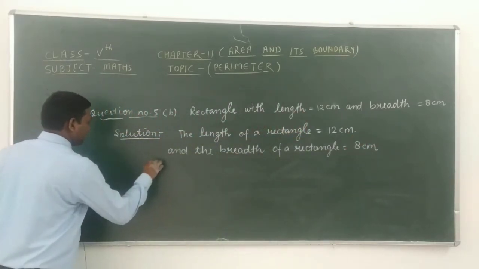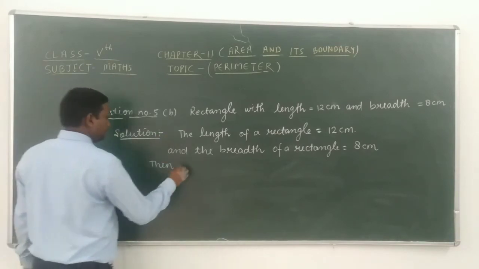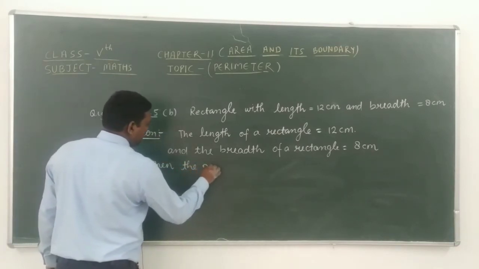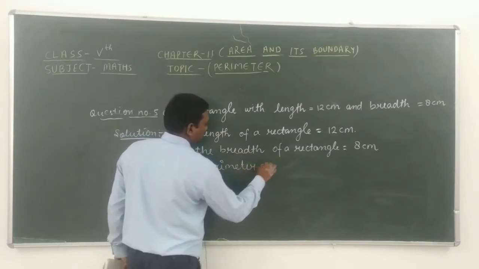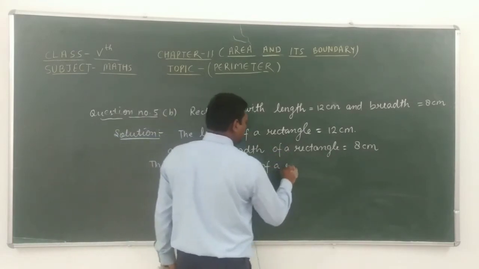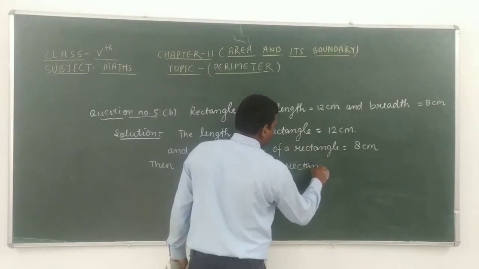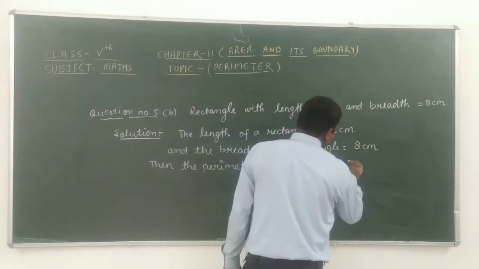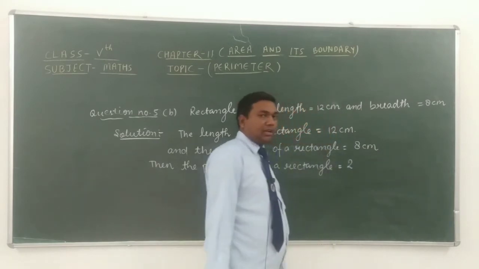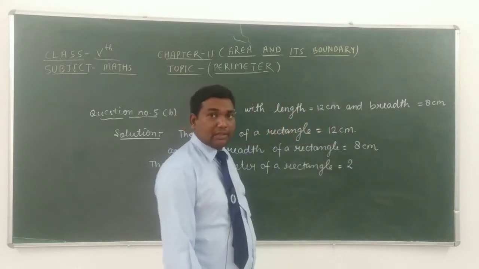Then the perimeter of a rectangle is equal to, dear students, we know that the formula of perimeter is equal to 2 into length plus breadth.